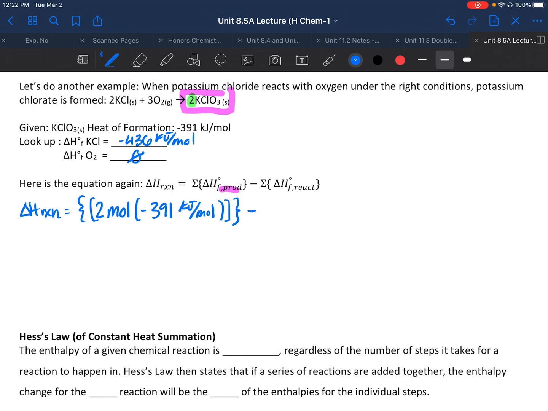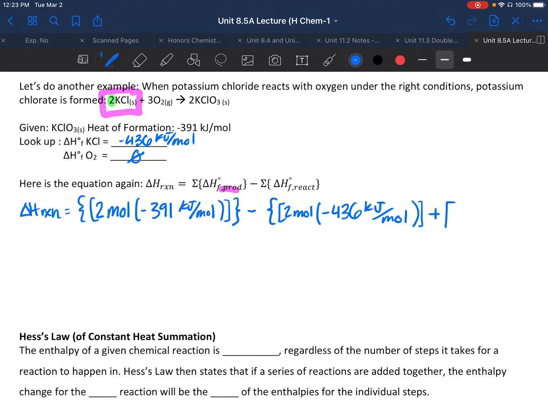Now we're going to get ready to subtract our reactant term here. And so if I'm looking at, let's just pick on potassium chloride. So we're using this compound and this coefficient here. And so this one says for every 2 moles, we're going to multiply that by negative 436 kilojoules per mole.